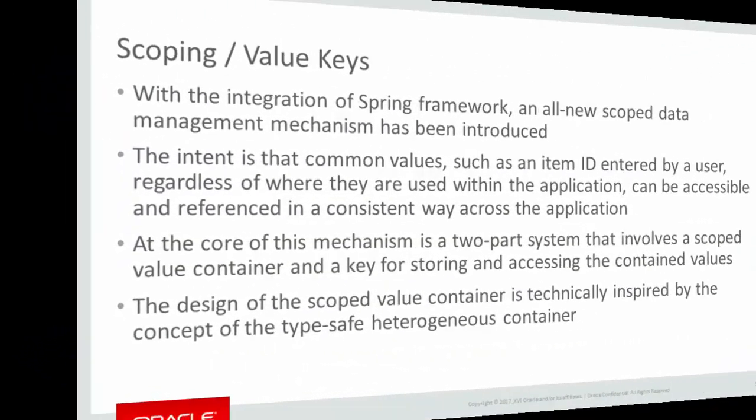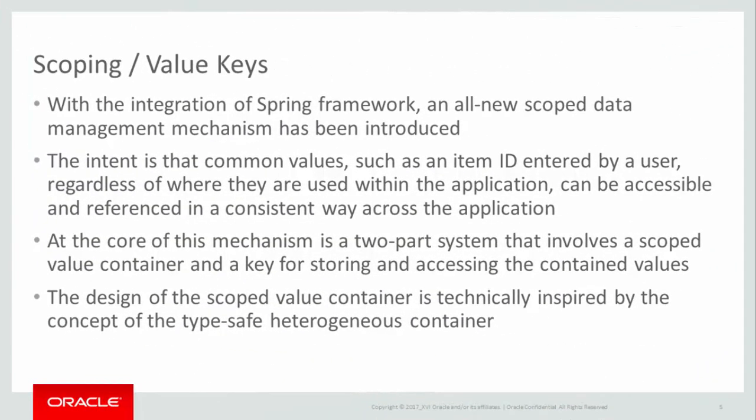Moving on to scoping and value keys. With the integration of the Spring framework, an all-new scoped data management mechanism has been introduced. Those of you that used XStore years ago know that there used to be this IXST command interface that declared essentially a map of data that was passed between operations in a running chain.